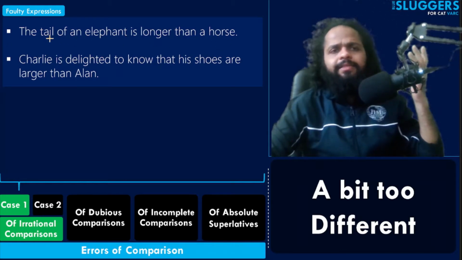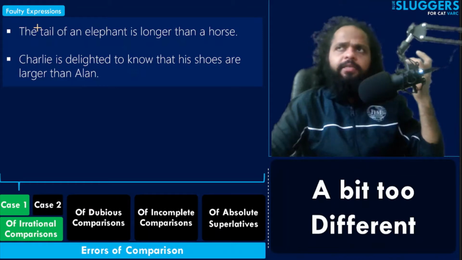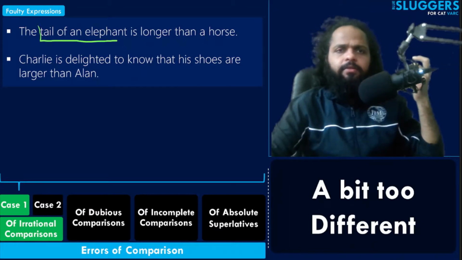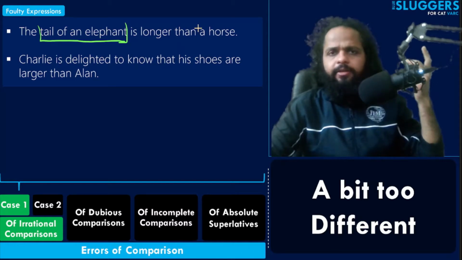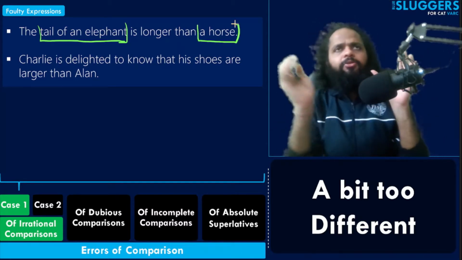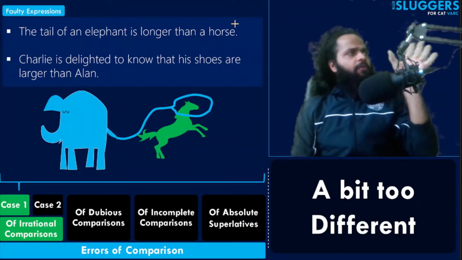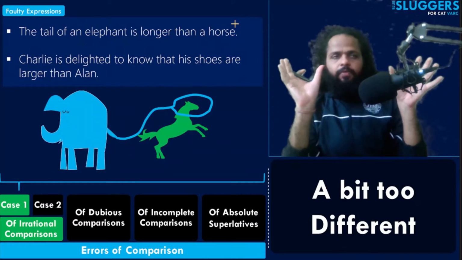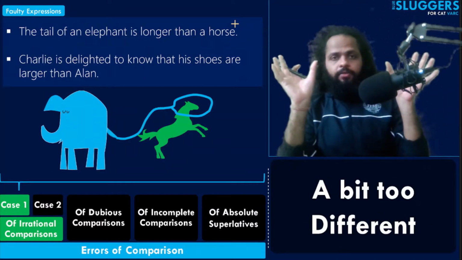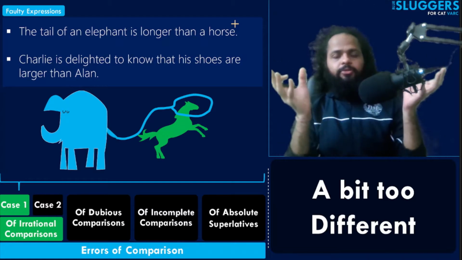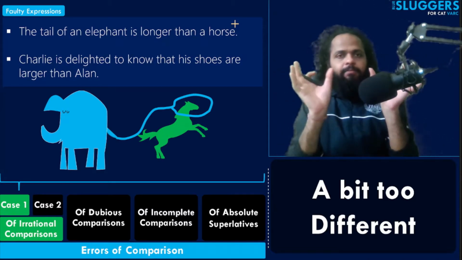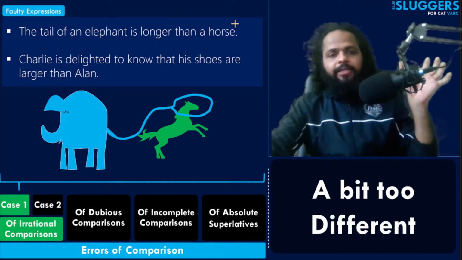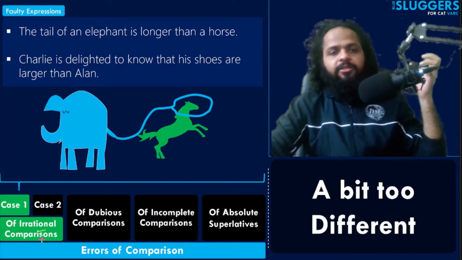Now this sentence seems to imply that the first entity of comparison is the tail of an elephant, and the second entity of comparison is a horse. So it seems like you're comparing the tail of an elephant to a horse itself, not to the tail of a horse, which makes no logical sense. The items of comparison are not compatible here, and that's why this is a case of irrational comparisons.